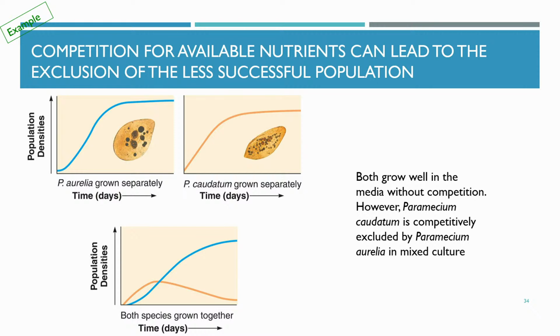On its own, this one can grow really well, and so can this one. You can see this one grows even better on its own, which is why when you put them together, the blue one, P. aurelia, grows really, really well. And then eventually, once it uses up all the nutrients that they both need, P. caudatum is completely excluded over time when they're grown together in that mixed culture.